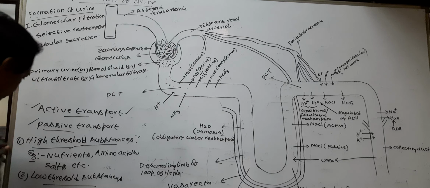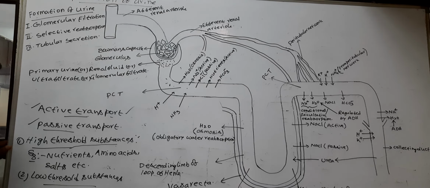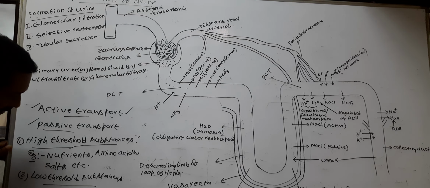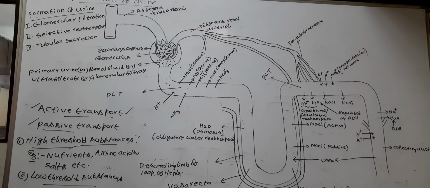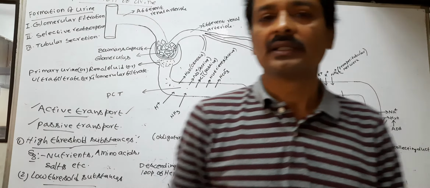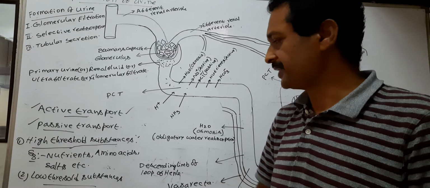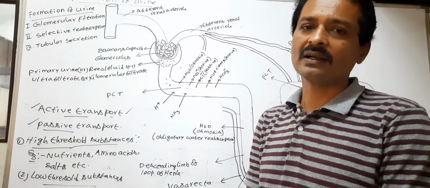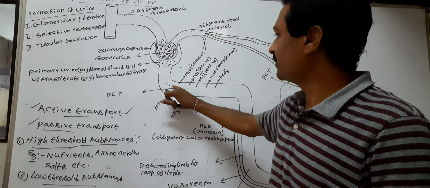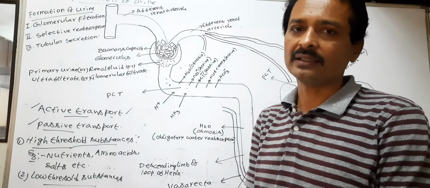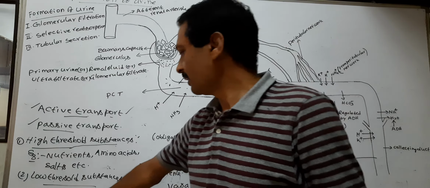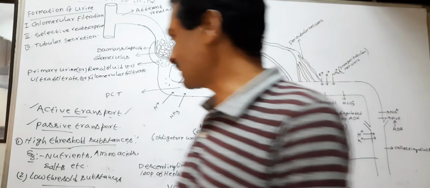Next, A threshold substances. What are A threshold substances? The substances which are not reabsorbed from primary urine into blood are called A threshold substances.